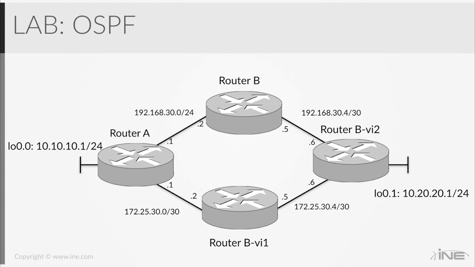What's the difference? The difference is I am going to be making changes. The goal is the same. Loopback 0 behind router A, which is 10.10.10.1/24, will need to communicate with loopback 0.1 behind router B VI2 with IP address 10.20.20.1/24. That's the objective.